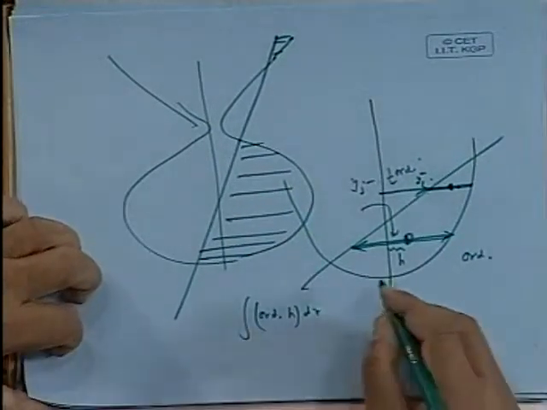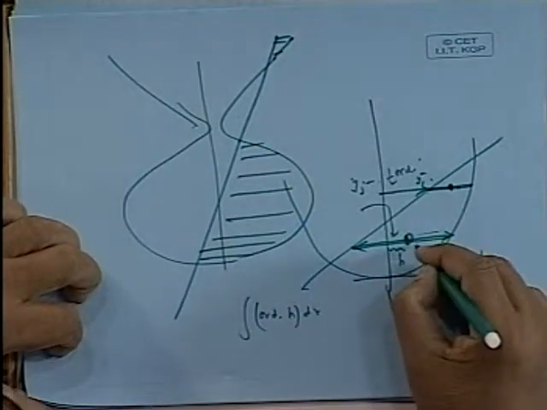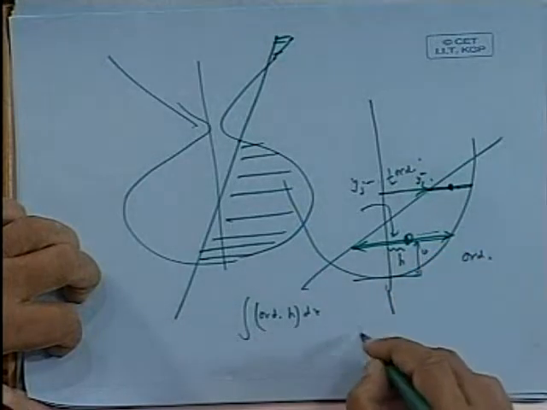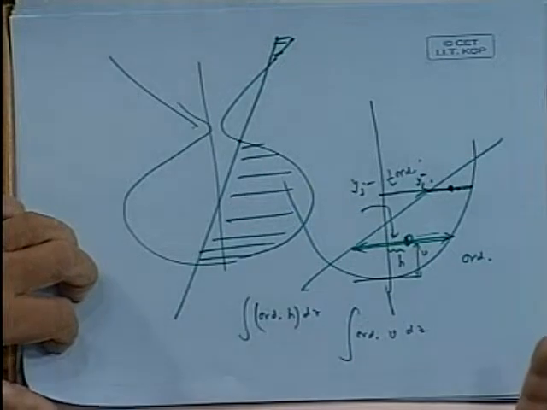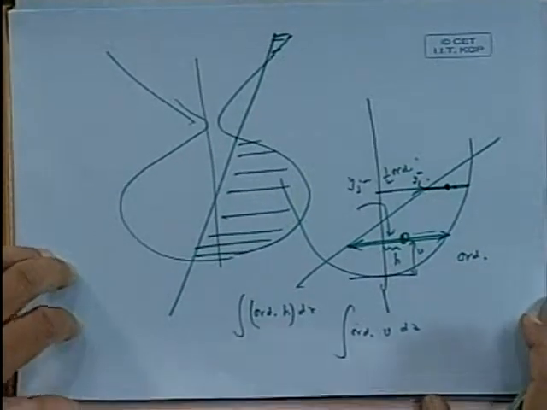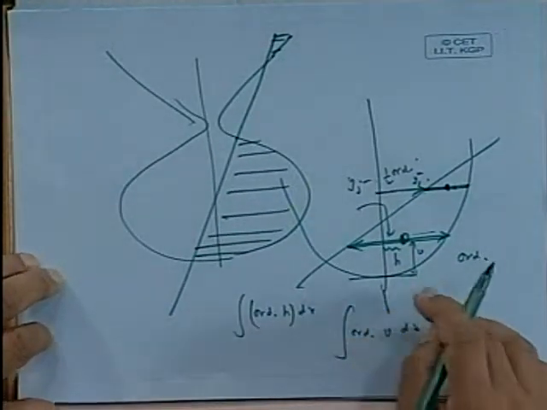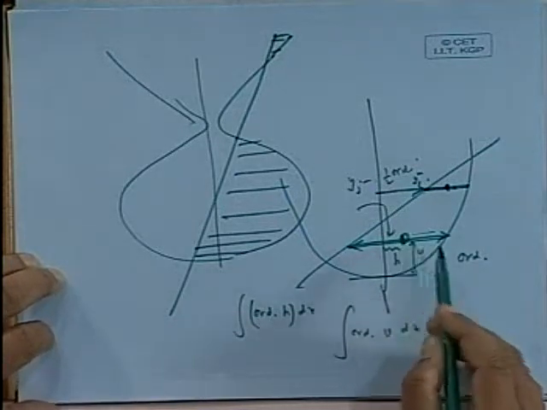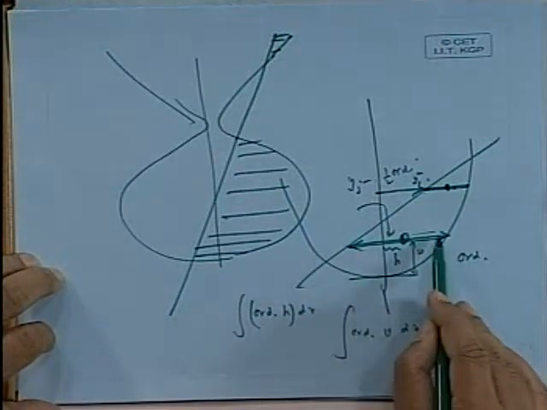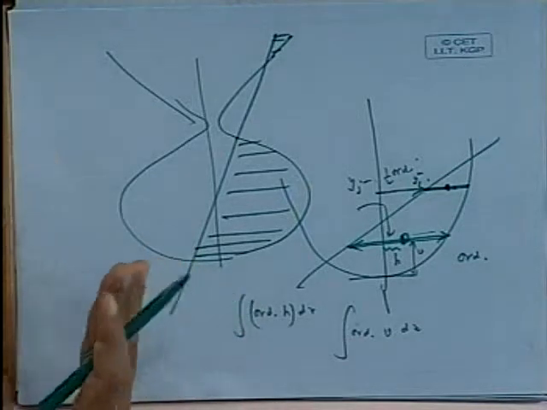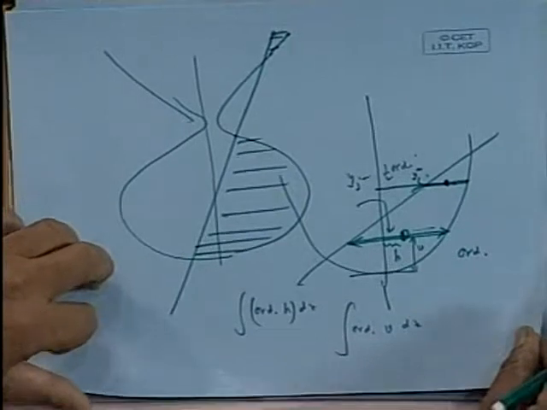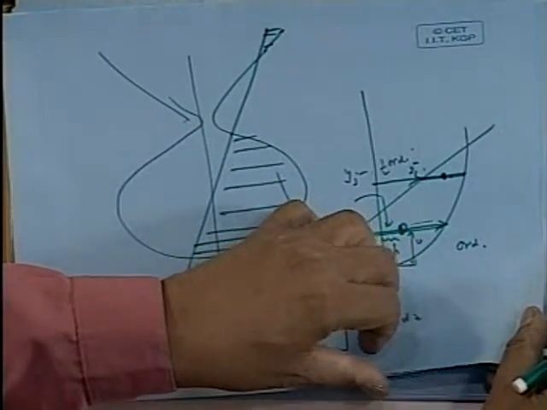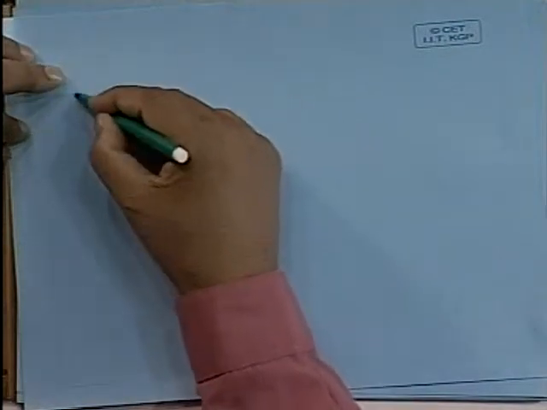And if I take the moment of this about this line, that is, if I call this say v, if I take ordinate into v into dz, then I get the vertical moment. I am only trying to show therefore the very basic principles here. See that if one is able to write the conditions systematically, maybe one of them we could do in a big drawing with a number of diagrams.